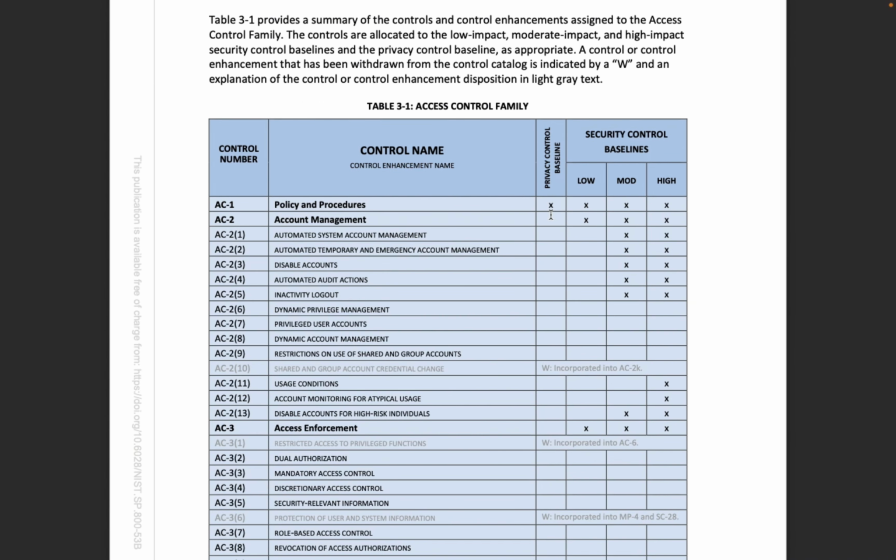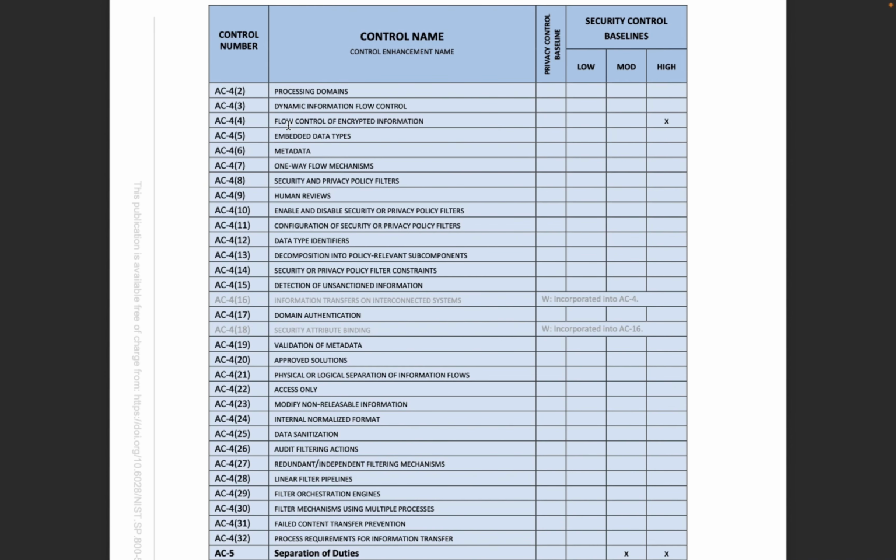And now look at this, for example. Usage conditions. It is applicable to high impact systems, but it is not applicable to low and moderate impact systems. While access enforcement is applicable to low, moderate, and high impact systems. Flow control of encrypted information is applicable to a high impact system. Assuming our information system was a moderate impact system, this wouldn't have been applicable.